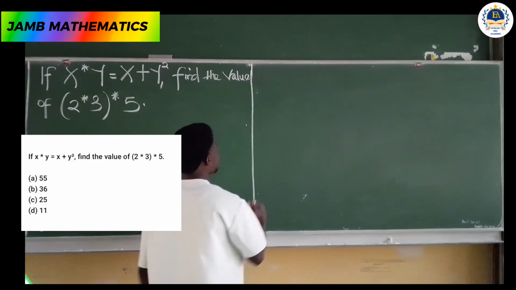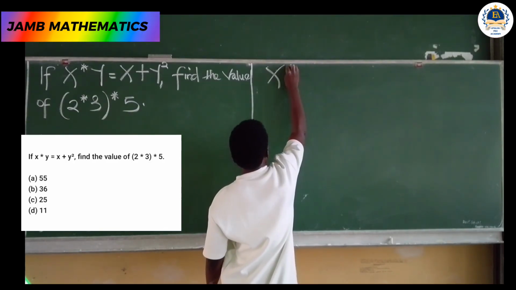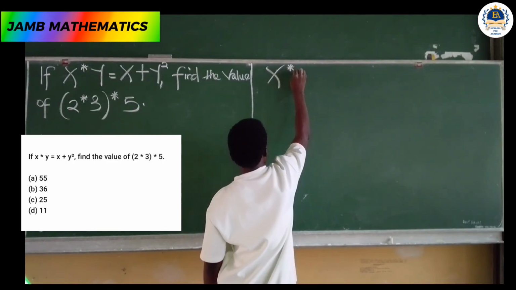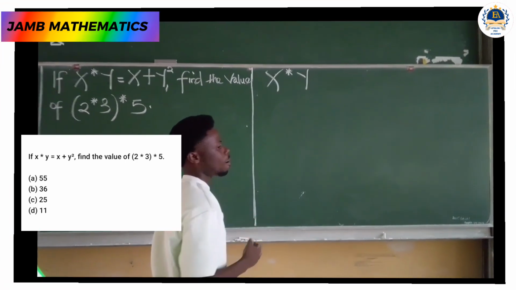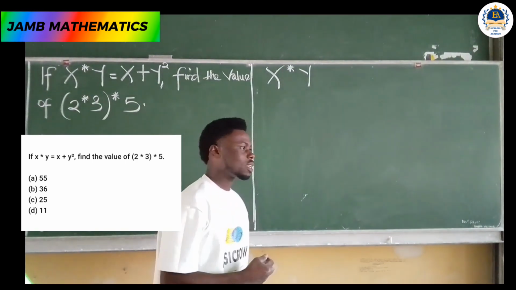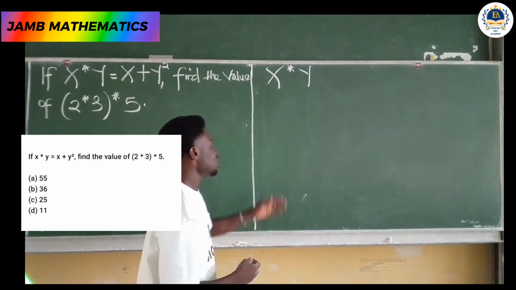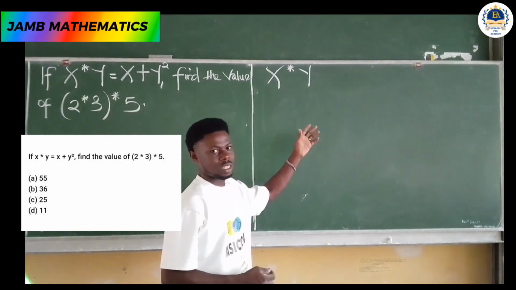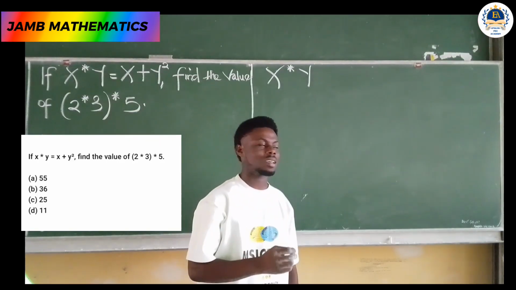Now the quantities on the board is x star, or operation, y. x star y is read as x operation y, or x star operating with y. So we are going to use the simple term x star y.